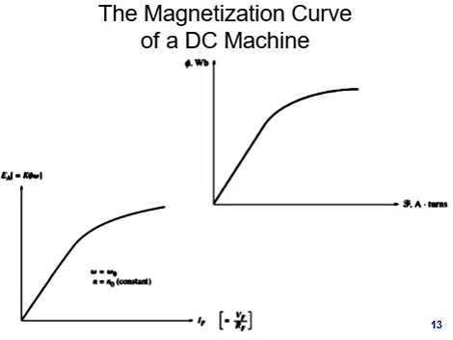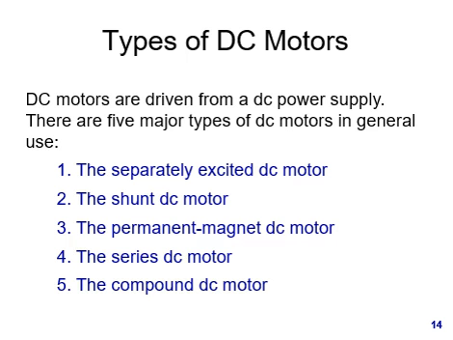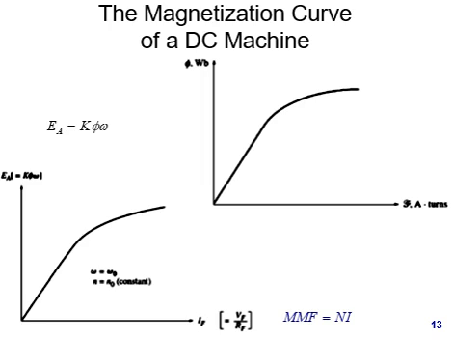So in a DC machine, magnetomotive force, which is shown on the x-axis, and this is phi, flux, on the y-axis.